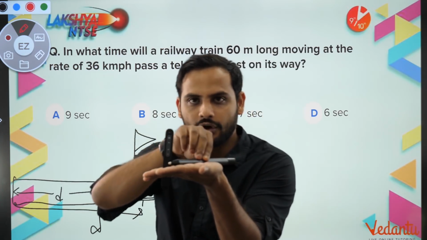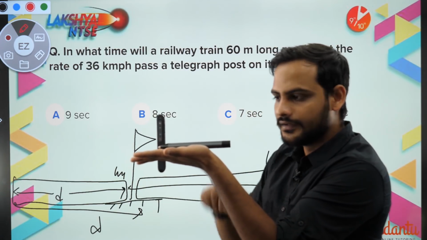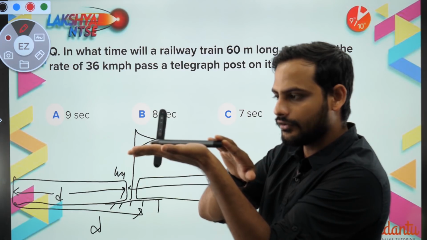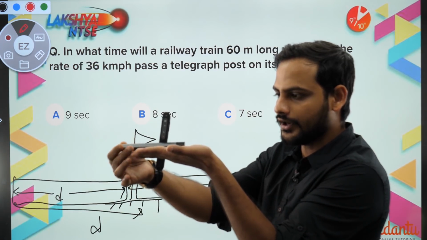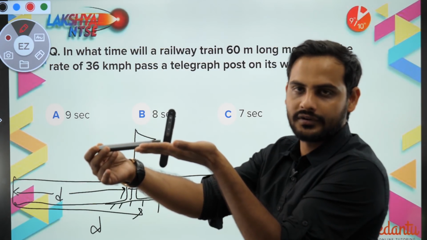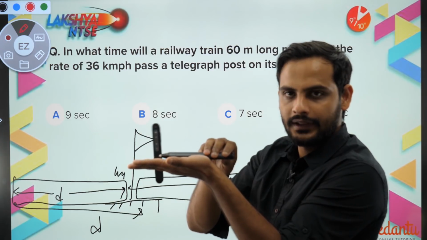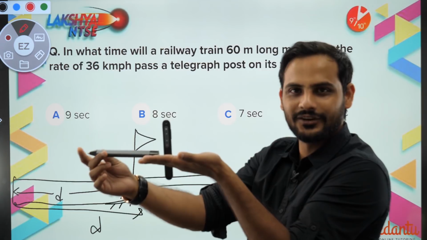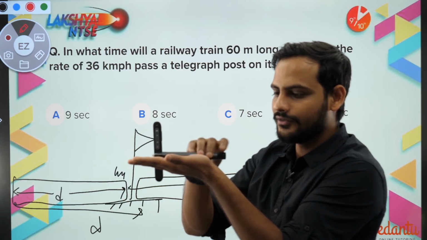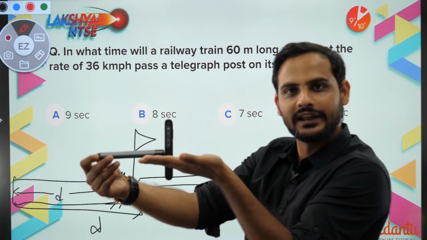Has the train crossed it? No, you will say no sir. Now let us move the train. Has it crossed yet? No sir, not yet. Yes sir, crossed. Now see, this point was earlier here, and after crossing it has shifted the distance of the length of the train.